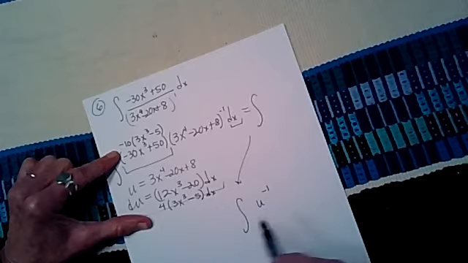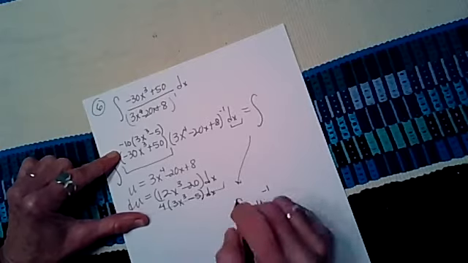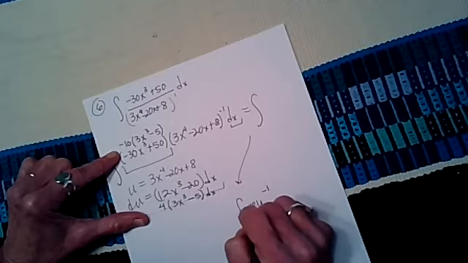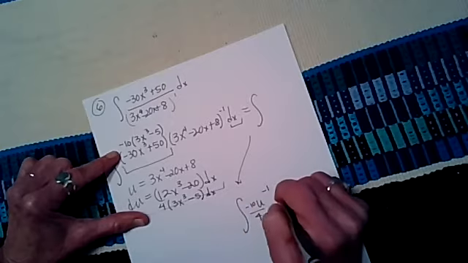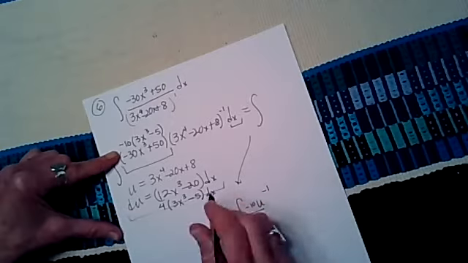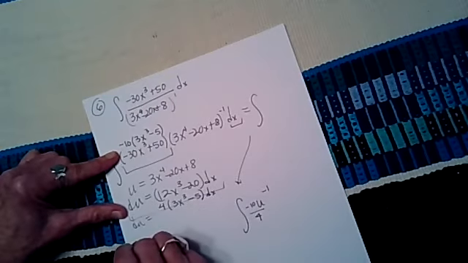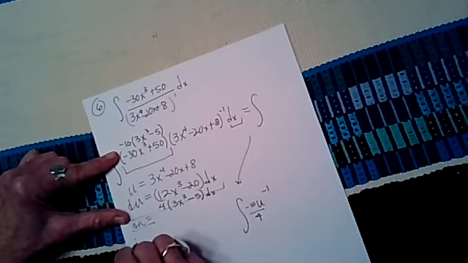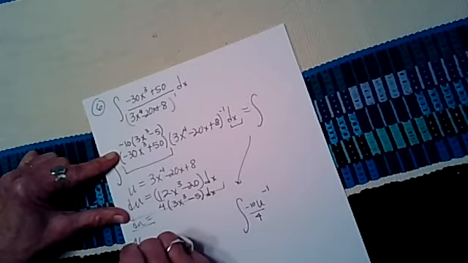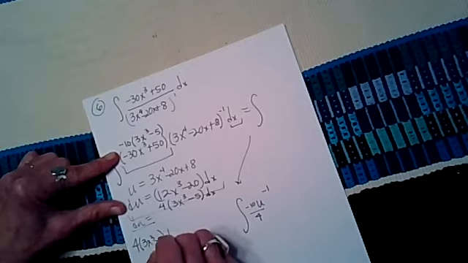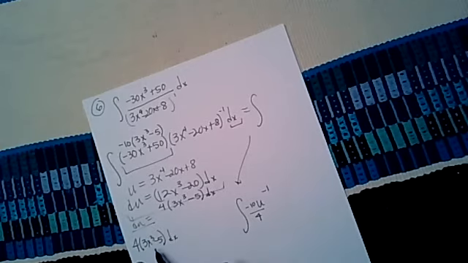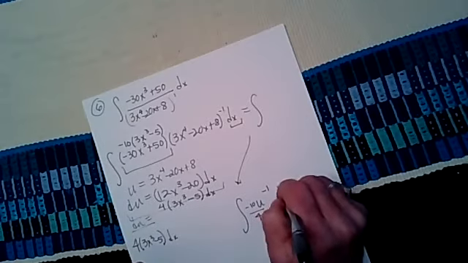So I bring my negative 10 on top, my 4 on the bottom, and my du is right. Those are going to divide out, and I bring my constants on top and bottom, du.